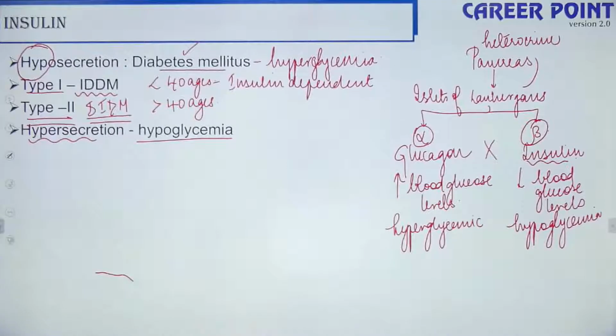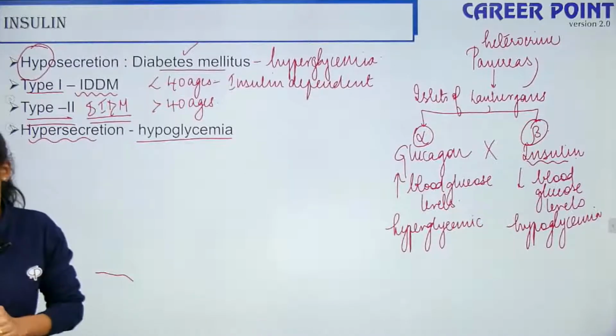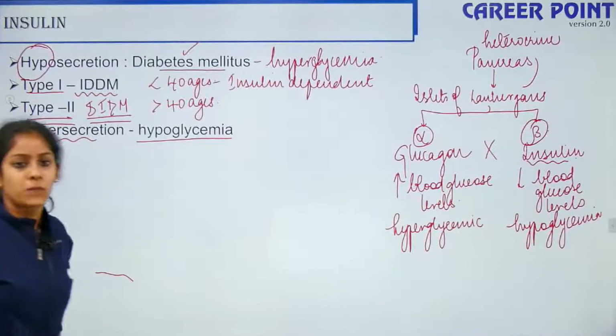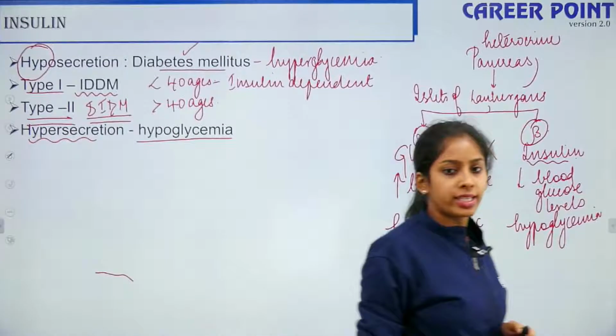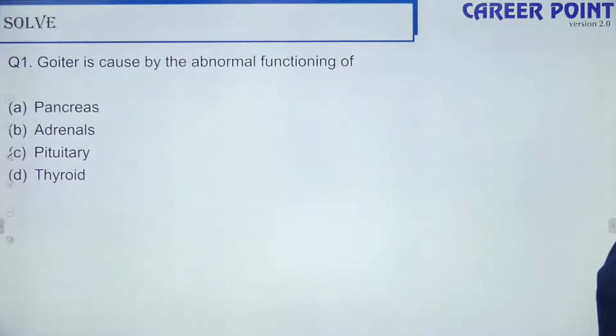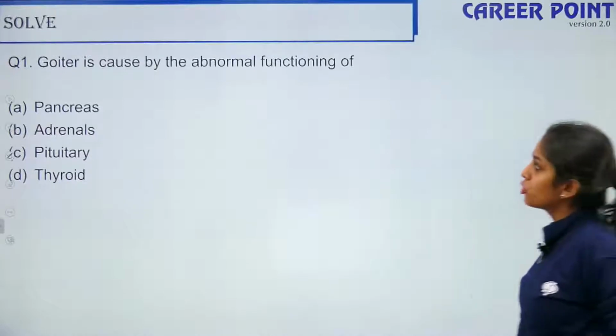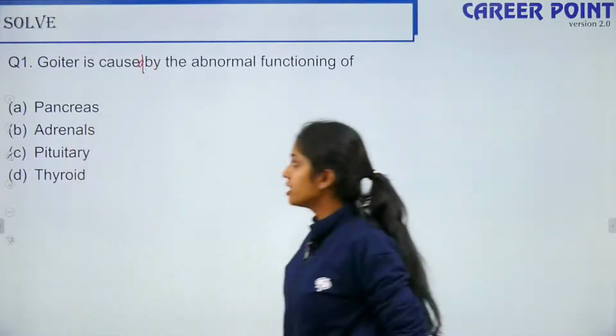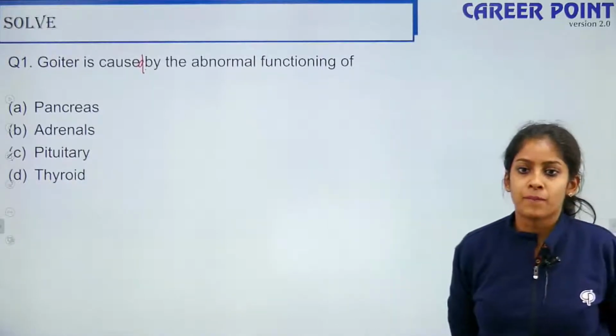It must be a long day for you also. So shall we go forward? Okay. So question number 1, goiter is caused by the abnormal functioning of pancreas, adrenals, pituitary, thyroid.